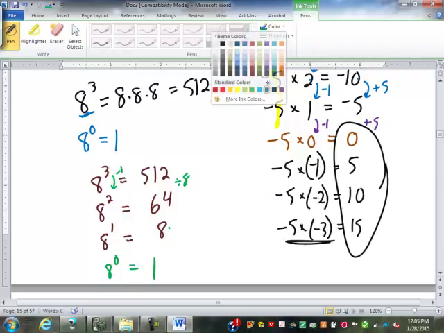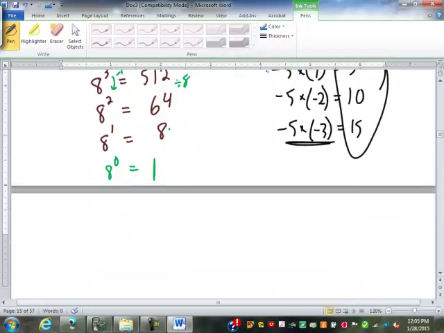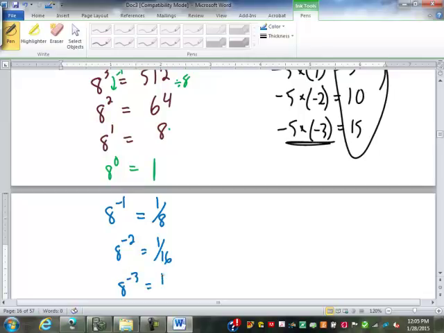And then we can continue on into our negative powers. 8 to the negative 1, we have to divide by 8 again to get 1/8. 8 to the negative 2, 1/16. 8 to the negative 3, 1 over 500, oops, not 1/16, sorry, that should be 1/64 there. 8 to the negative 3 is 1 over 512.